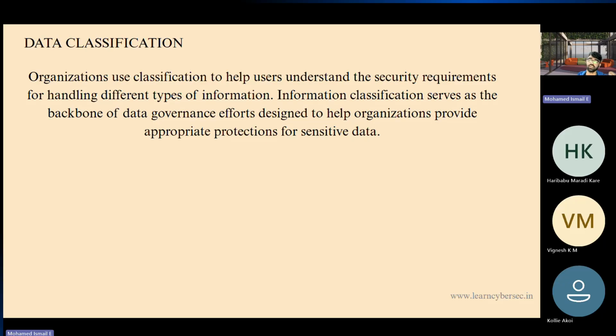This data classification came from traditional armies, and the army uses secret codes during war situations. They send documents or messages, and that information is protected, right? Maybe the army uses secret, top secret, public kinds of classification.